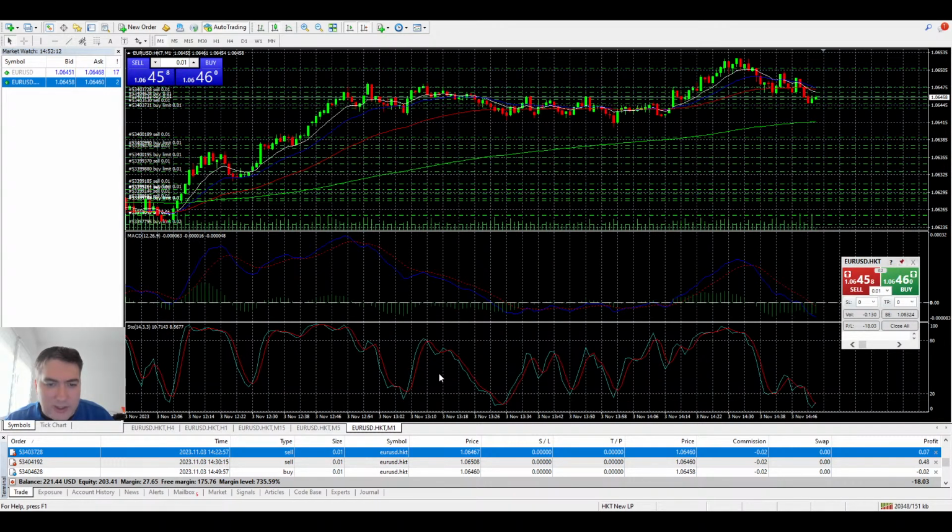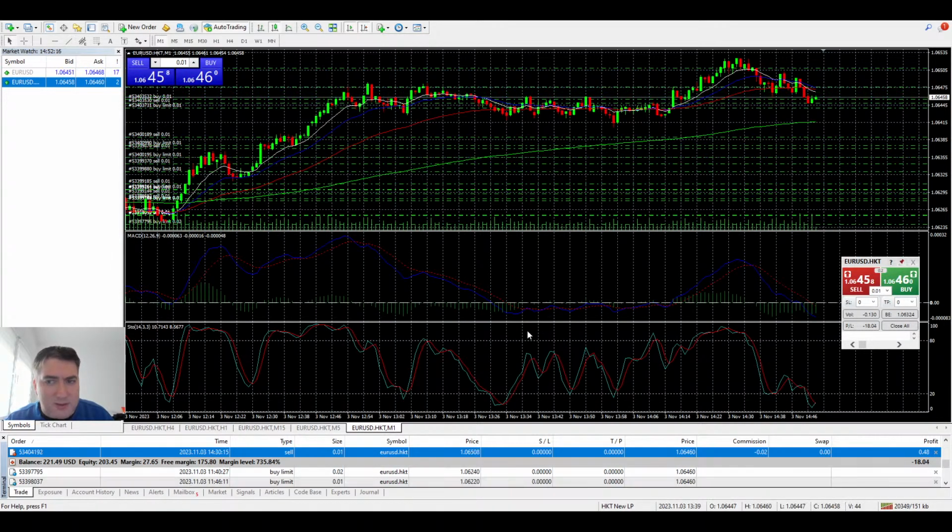And I'm only trading 0.01 lot because I'm not a very good trader. And the reason for doing the 0.01 micro lot is because when the market goes against me, I have more ammunition to correct my price.